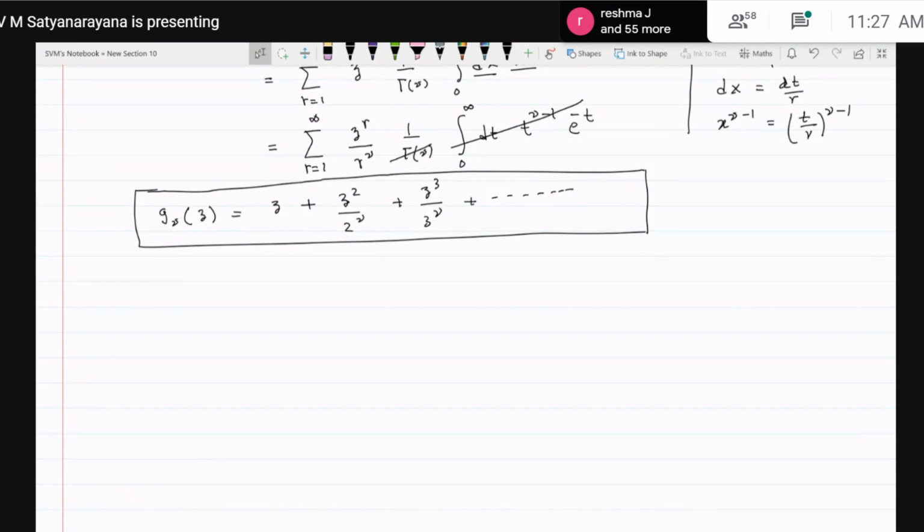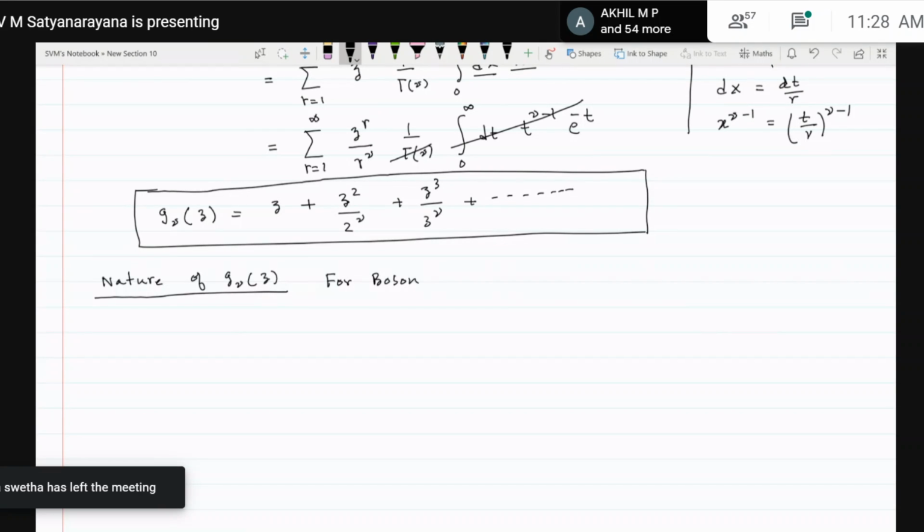But then let us try to understand the nature of this function, the nature of g nu of z. Now remember, for bosons, the highest value that mu can take is the ground state energy, and that is equal to 0.